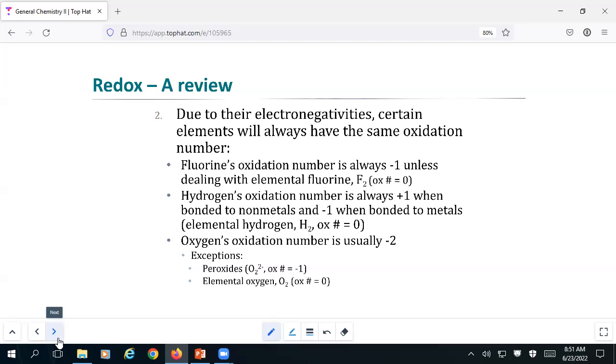When it's dealing with other nonmetals, it's going to take on more of that metallic character, and it's going to take on positive charge. And since it only has the 1 electron to lose, its maximum oxidation state is +1. It can't be +2 because where's that second electron going to come from? It doesn't exist.